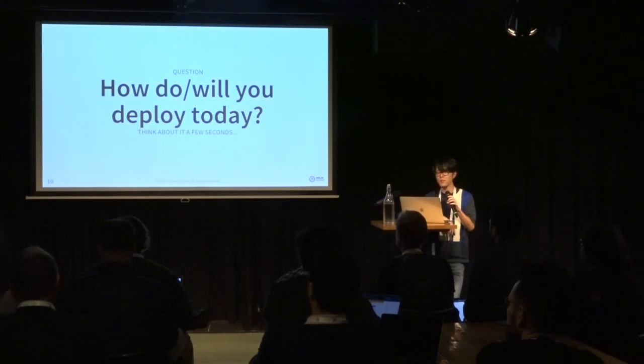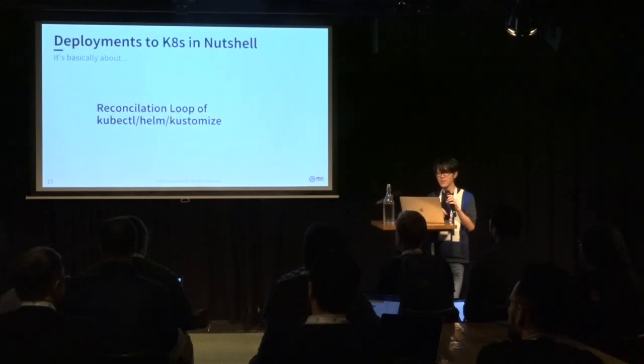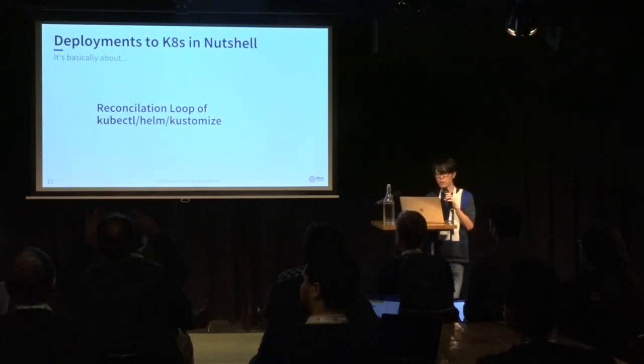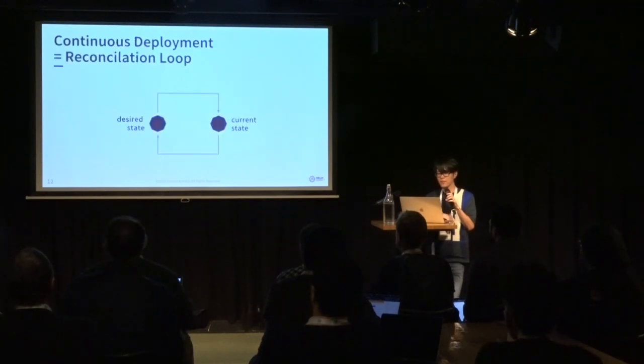Okay. So the first question is, how will you deploy today? Think about that a second. In my opinion, deployment to Kubernetes in a nutshell is basically about the reconciliation loop of kubectl, Helm, and Kustomize. And continuous deployment is a kind of reconciliation loop.